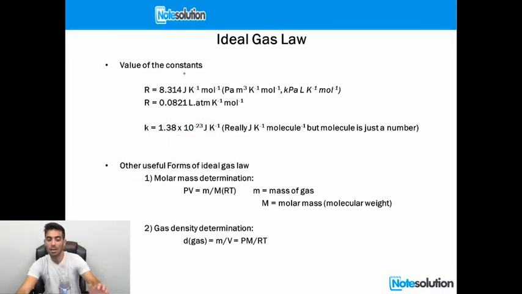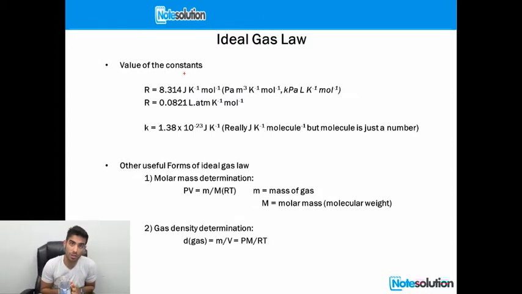Now, you might ask, when do we use 8.314 for R, or when do we use 0.0821? Well, if you notice the stuff other than the values of R, you see that there are different units involved. So how do you start? How do you know which R you would use?